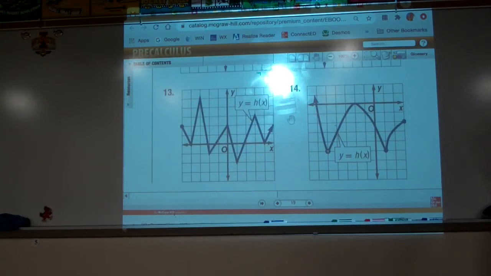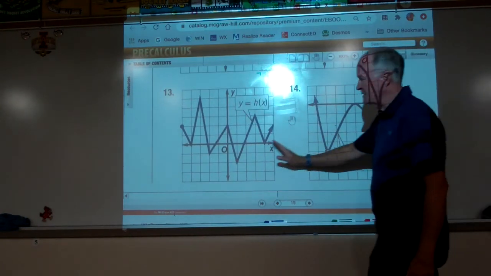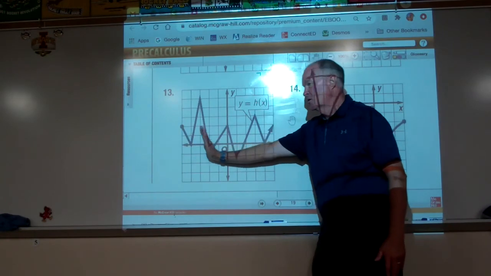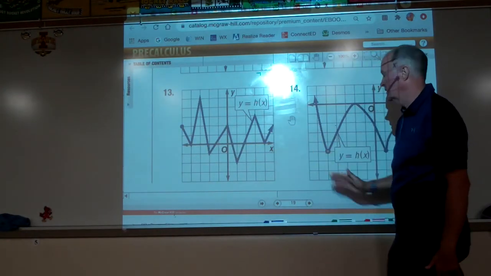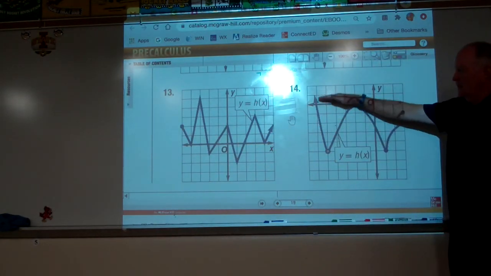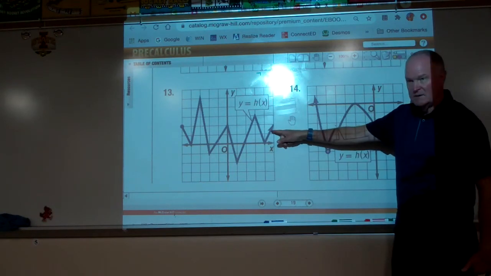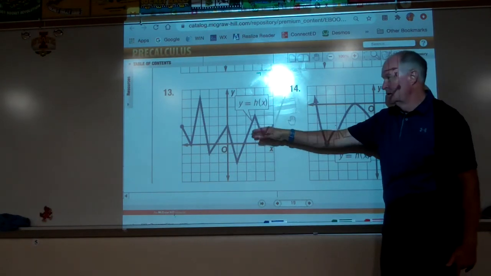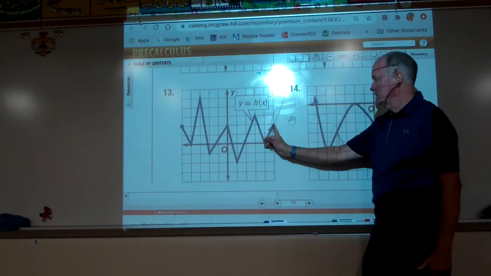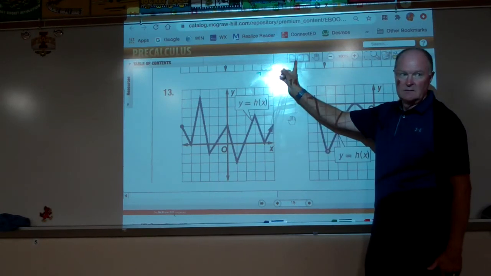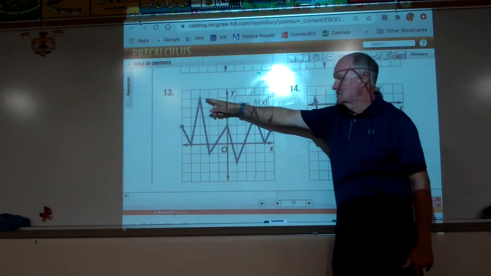And 13 and 14, if you kind of look at some of these things, keep in mind you're going all the way to the left and the right, and then up and down. Watch out, you can get some of these arrows that are hidden a little bit. So on this one, I can really always make it all the way to the top, not just right there.